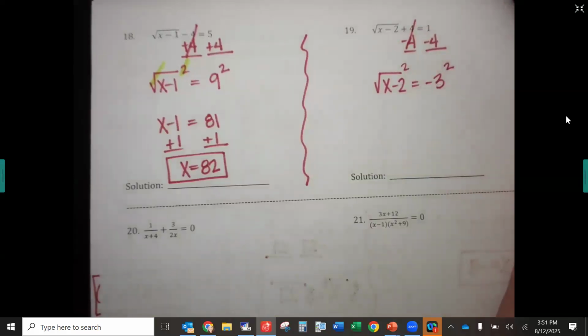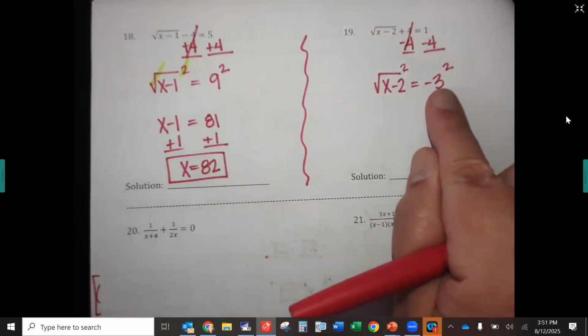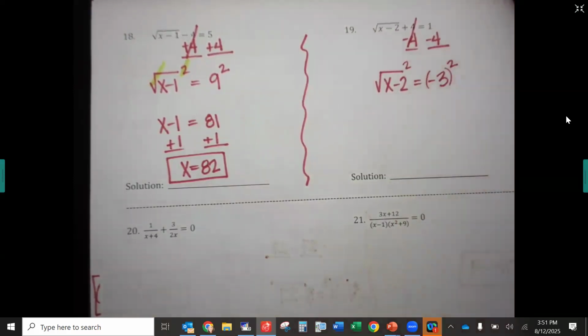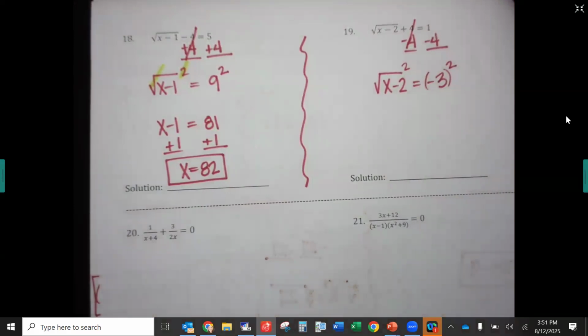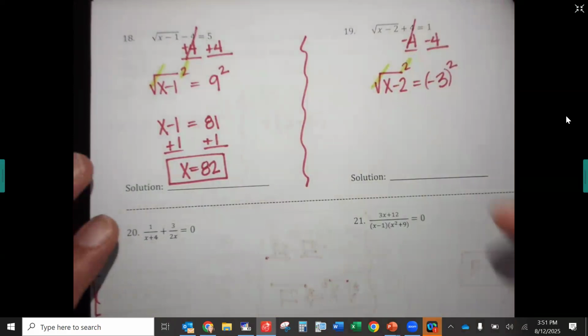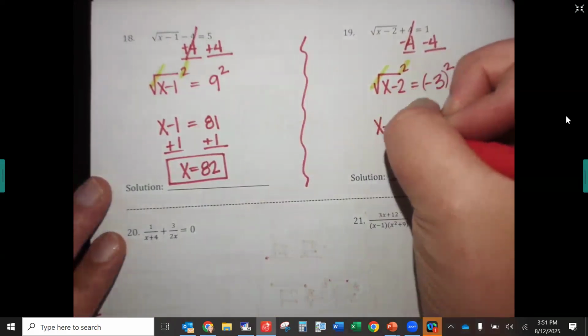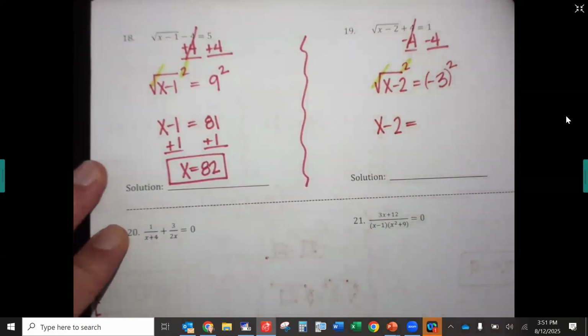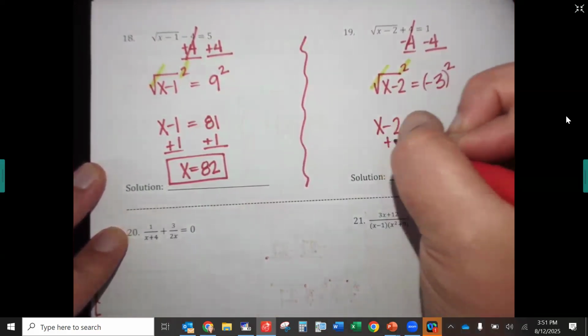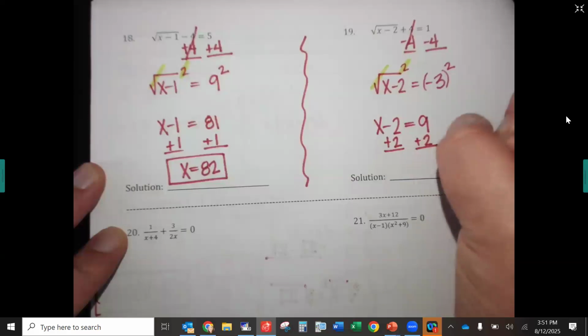And when you square, especially if this number starts off as a negative, you're really supposed to put parentheses around it. So I'm not just squaring the negative, I'm squaring the 3 and the negative together. That's going to give me x minus 2. And then negative 3 times negative 3 is 9. Add the 2 across. And it would be 11.